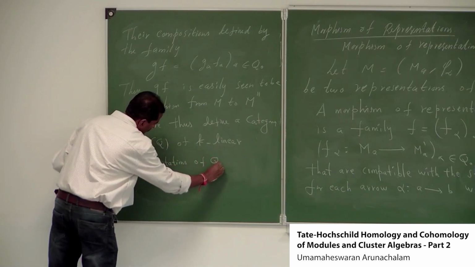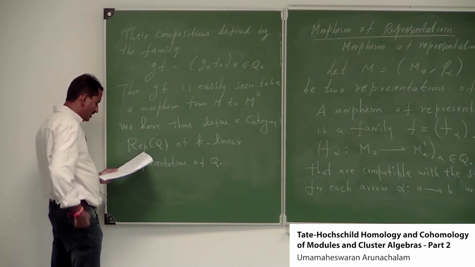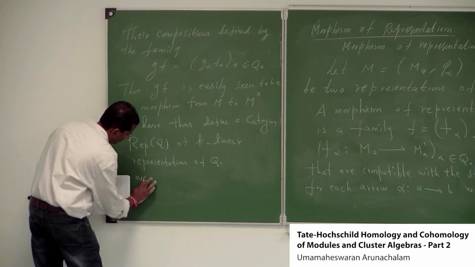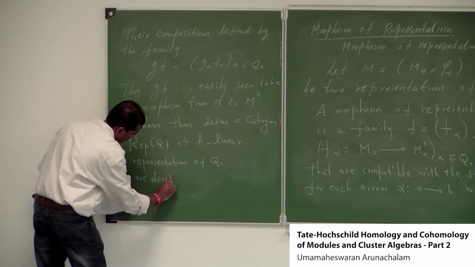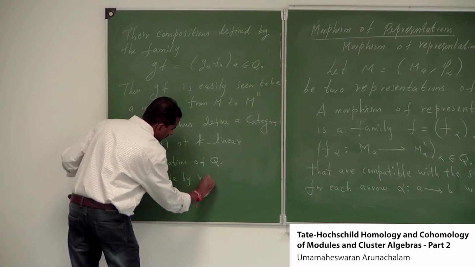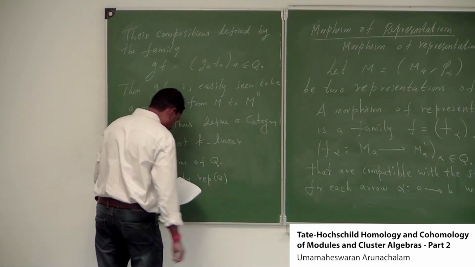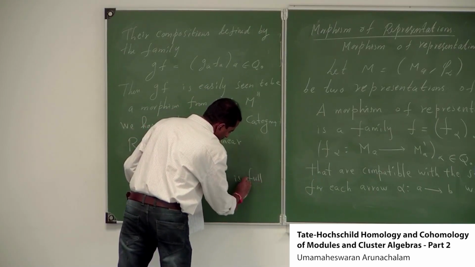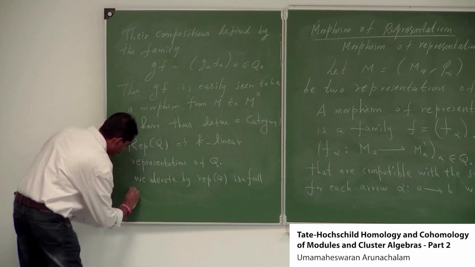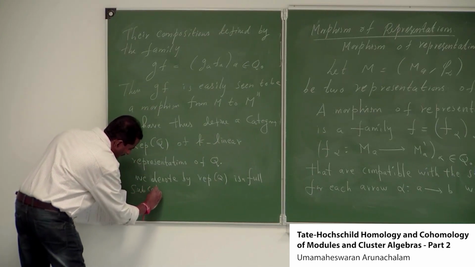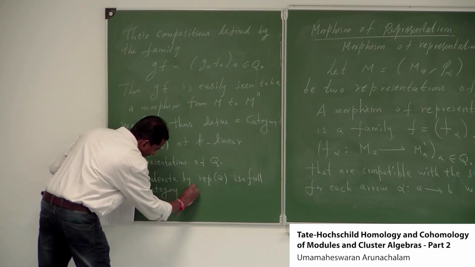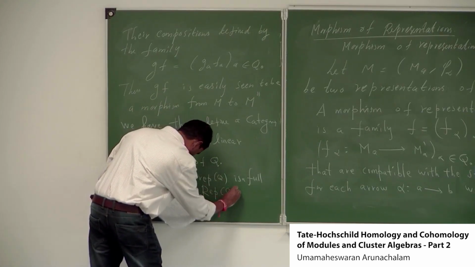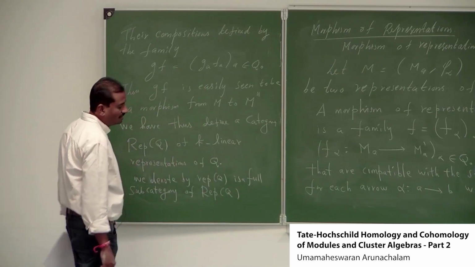We denote by small rep of Q a full subcategory of Rep of Q consisting of the finite dimensional representations.